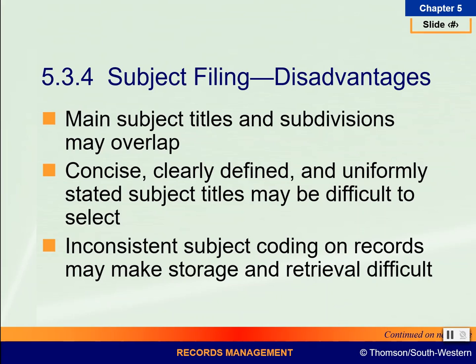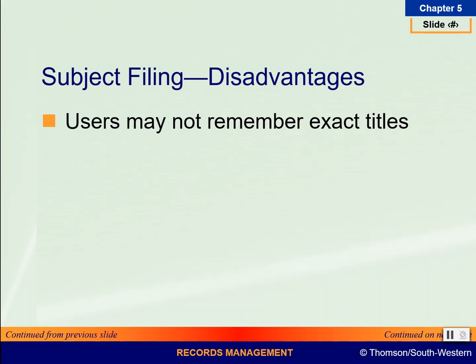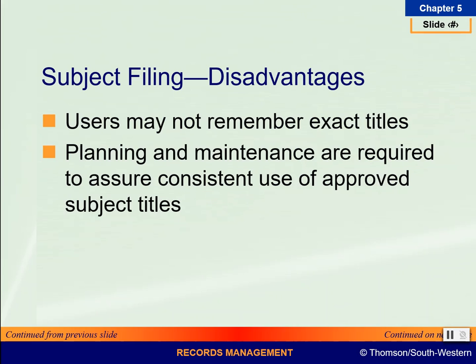Sometimes inconsistent subject coding of records may make storage and retrieval difficult. Yes, you can have a lot of subdivisions, but sometimes it requires more time to retrieve. And sometimes the users may not remember the exact title.